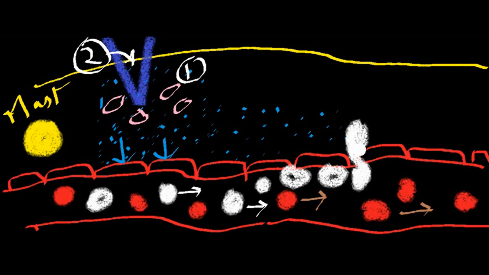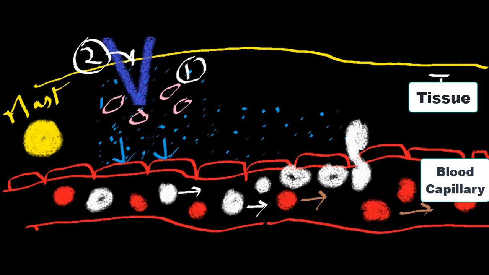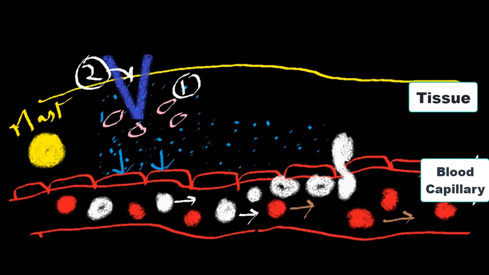So this is tissue and this is capillary, blood capillary. Okay. So this step of immigration of these WBCs from capillary to tissue is called as diapedesis.